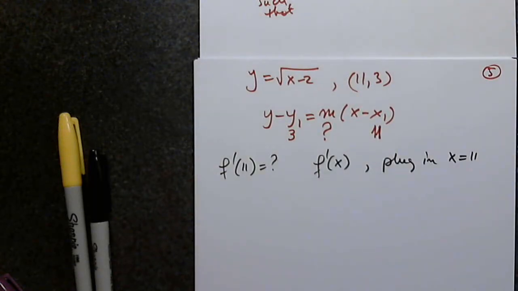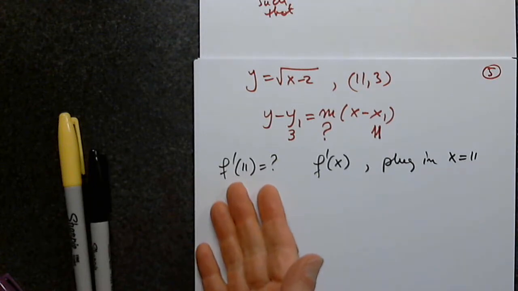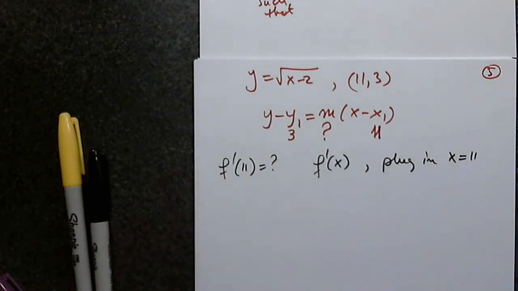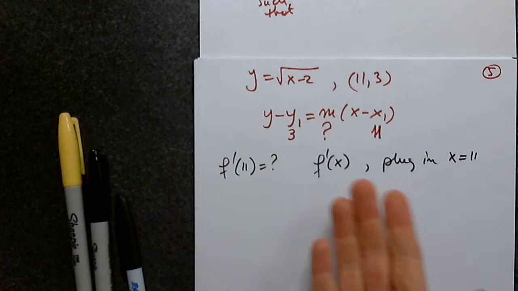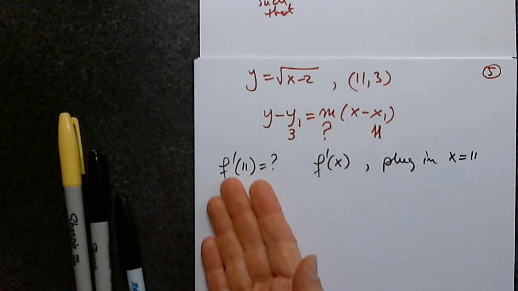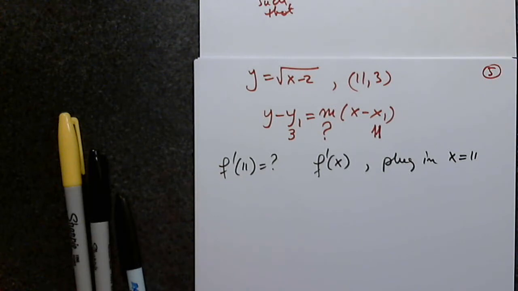It's up to you. There are 2 definitions for this and 1 definition for this, and at the end you plug it in. What would you like to do? You want to find the derivative and then plug in 11, or you want to find f prime of 11 with one of the 2 definitions?